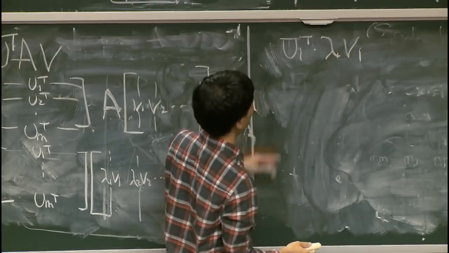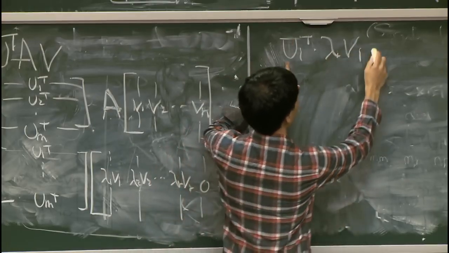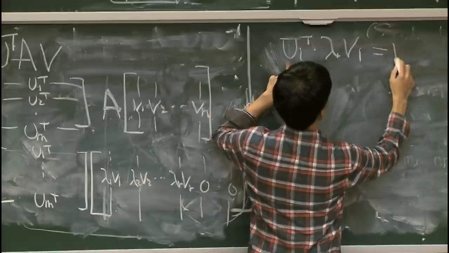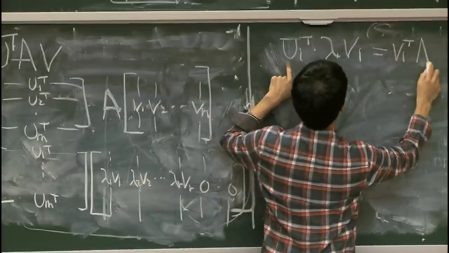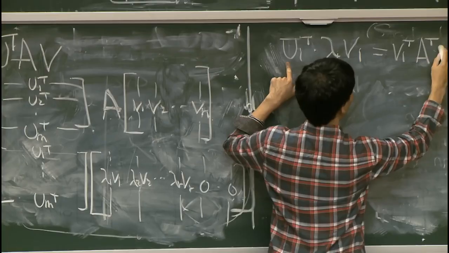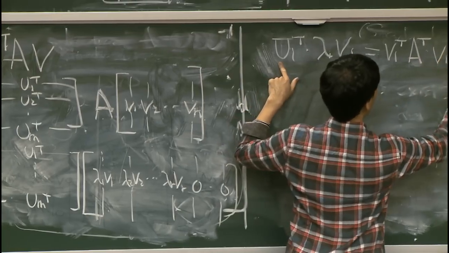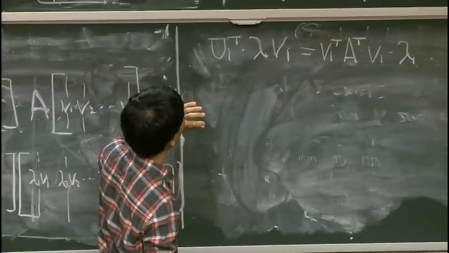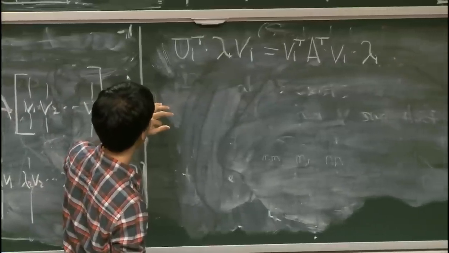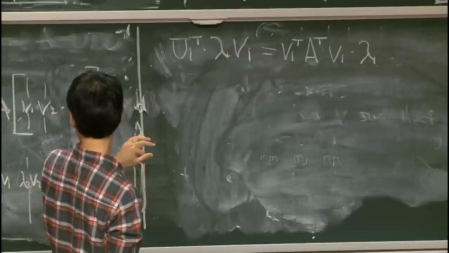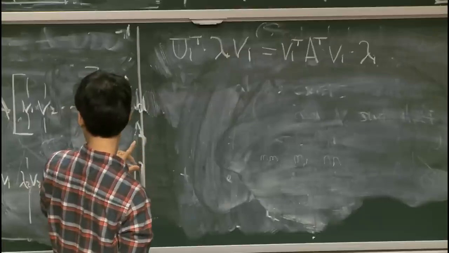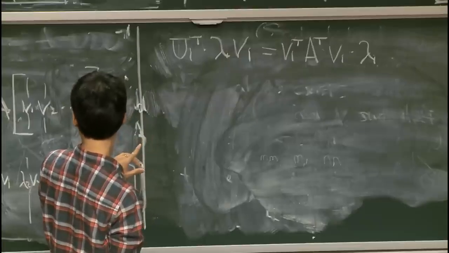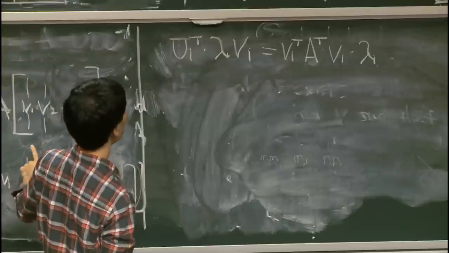When you take the dot product, what you're going to get is U1 transpose times sigma 1 times U1.